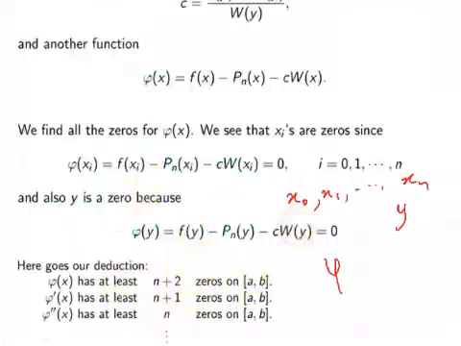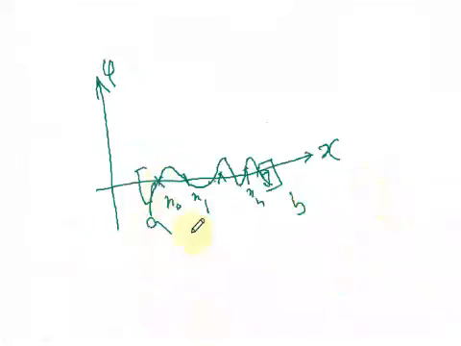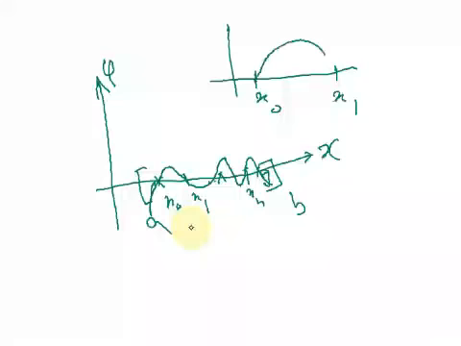So because of that, check this one here. If you consider two consecutive nodes, you can apply the mean value theorem, right? Just look at these two x's. We know that this phi function hits zero at these points, so now you can use the mean value theorem. Here the function value is 0, and here the function value is 0.